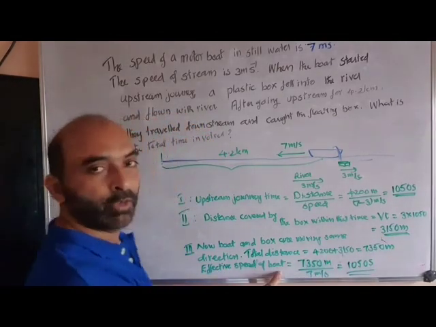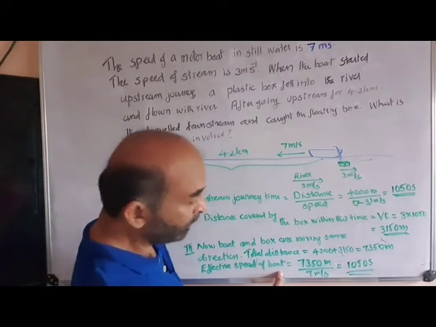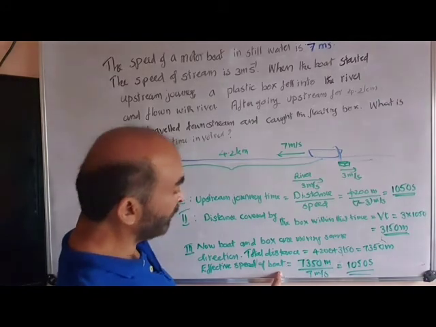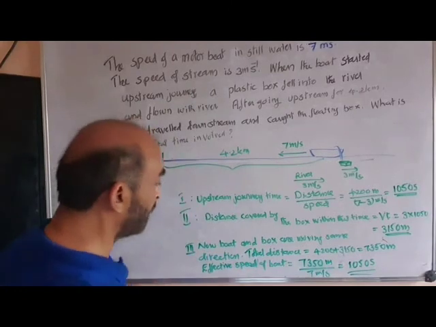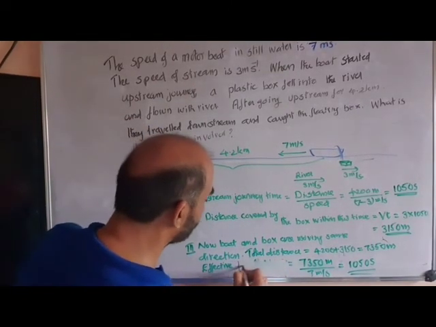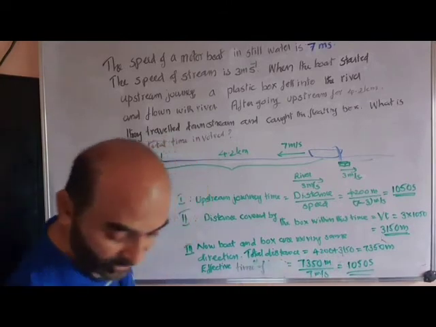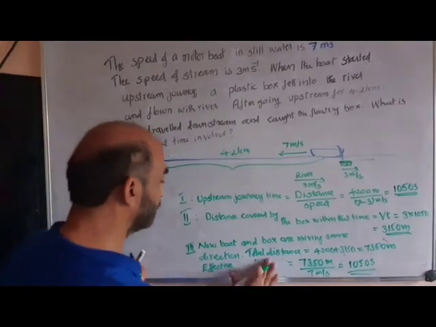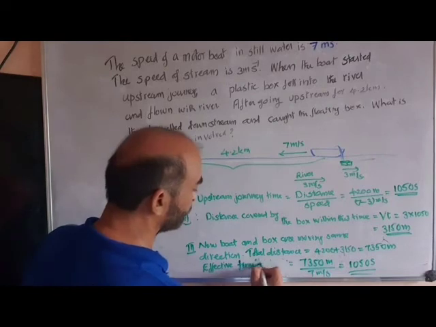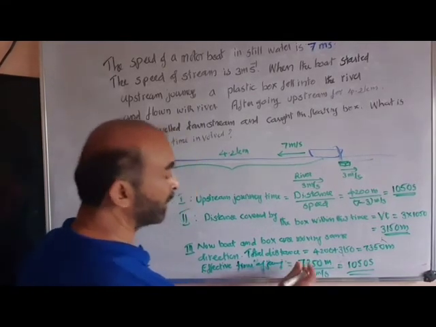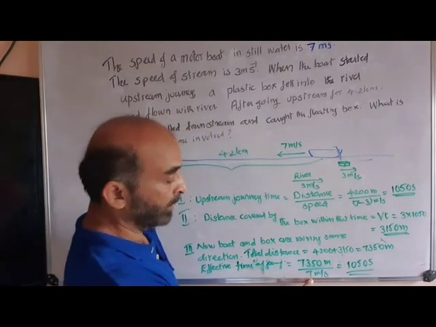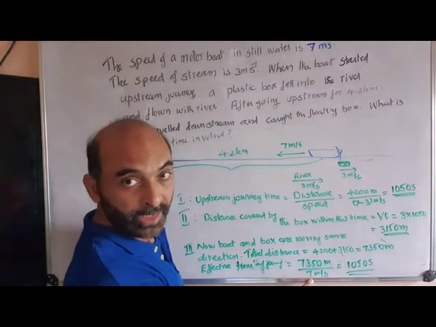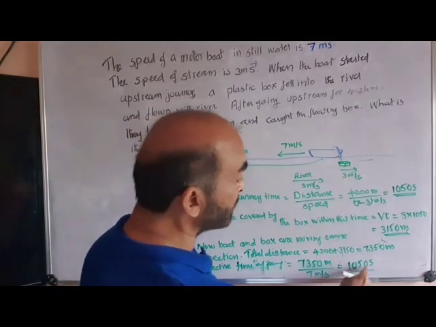So effective time of journey is equal to that total distance divided by 7 meter per second. It is the speed. We didn't add 3 because that cancels with the 3 meter per second speed of the box. Okay, you get 1050 seconds.